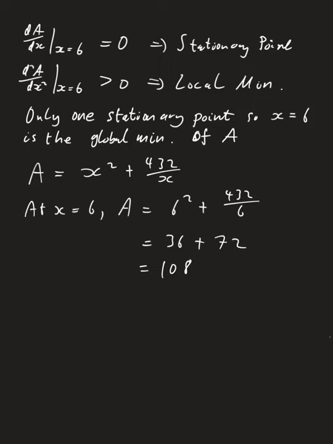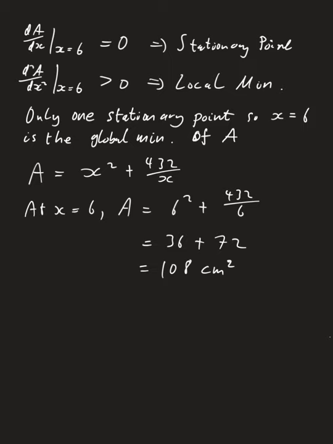And everything was in centimeters, so that's going to be 108 centimeters squared for the area. So that is the minimum area of a cardboard box with an open top with a volume of 108 centimeters cubed. It's a coincidence that it turned out to be 108 centimeters squared, or the question was obviously constructed to come up with that coincidence, but that is the answer.